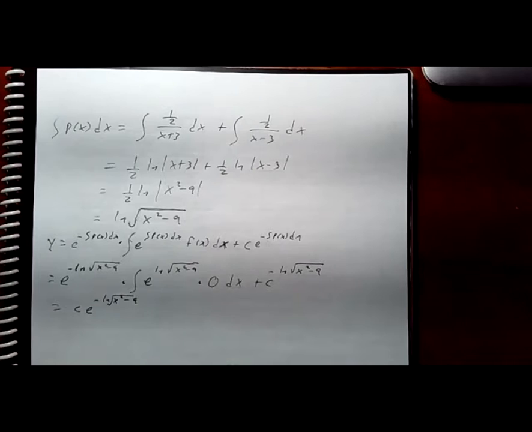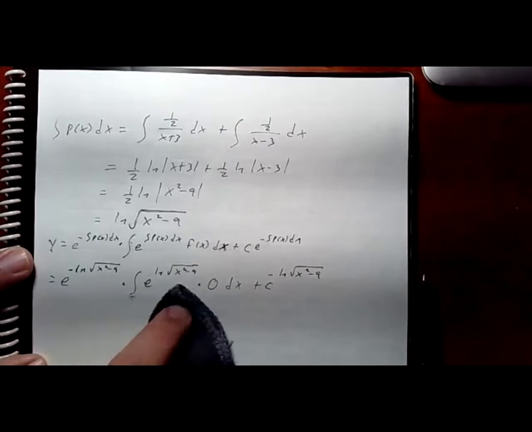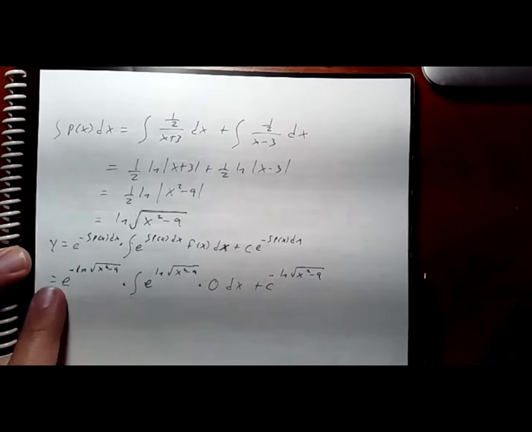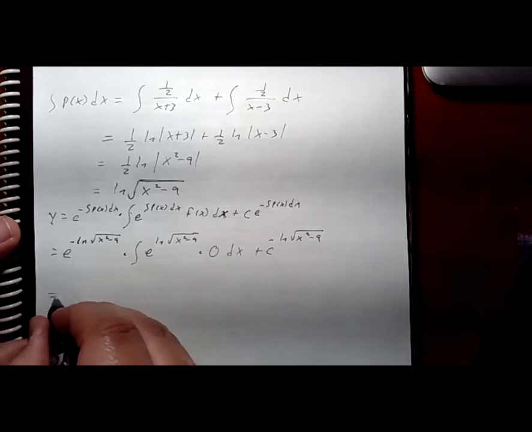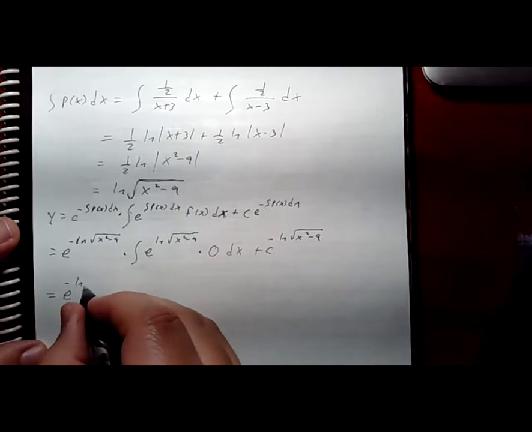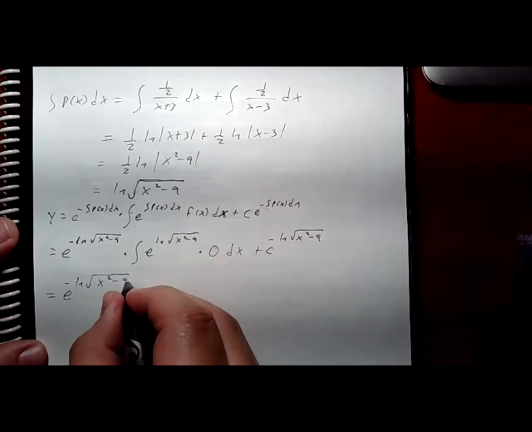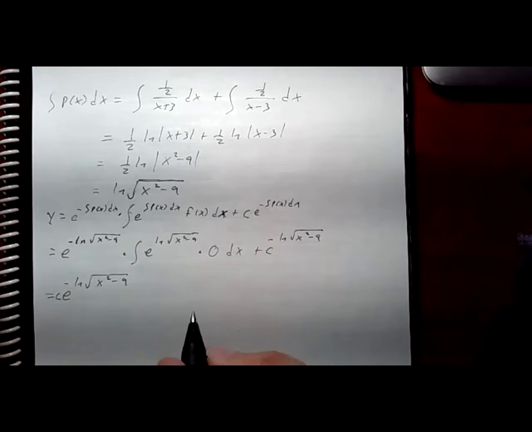So we're left with c e to the negative ln square root of x squared minus 9. Let's write that better. I just forgot the c.